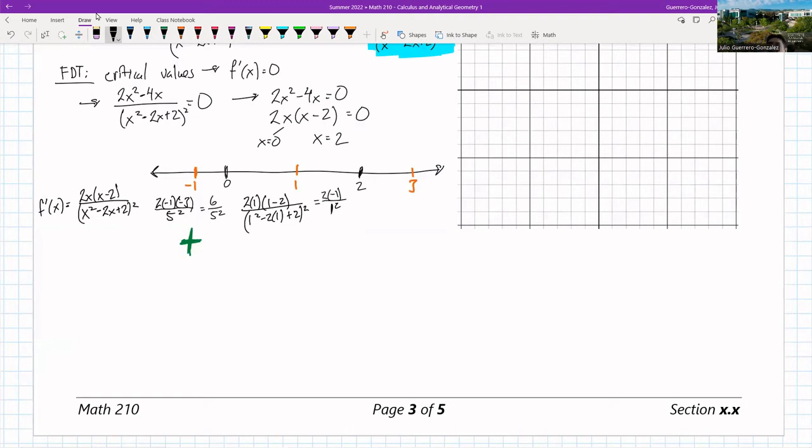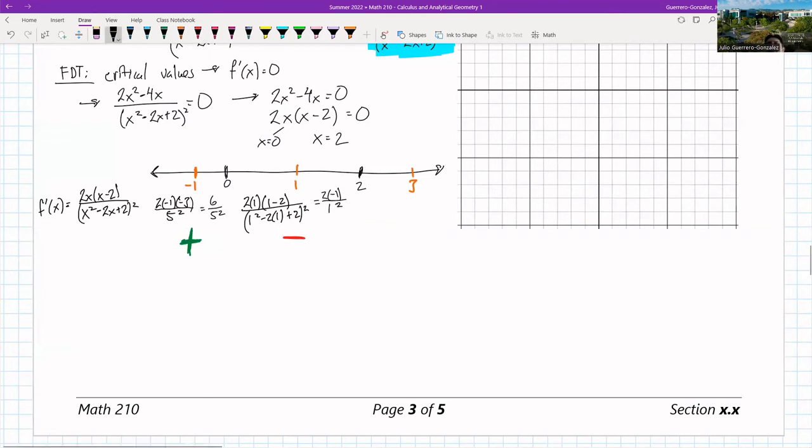I don't care about the value really. That value is going to be negative. All I care about is the sign.